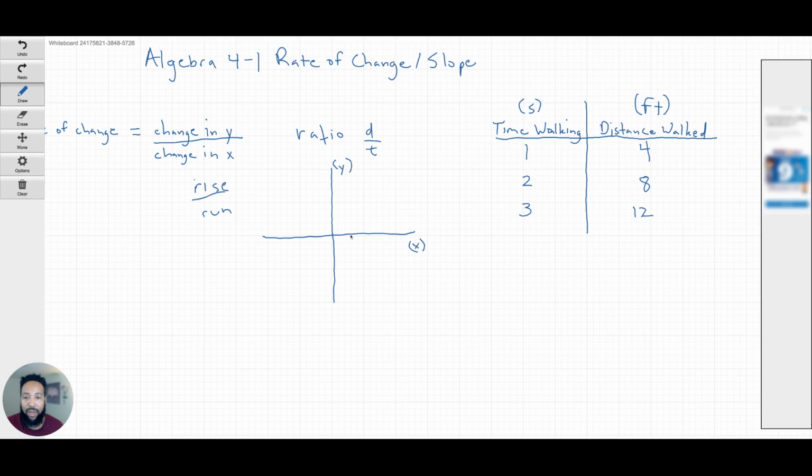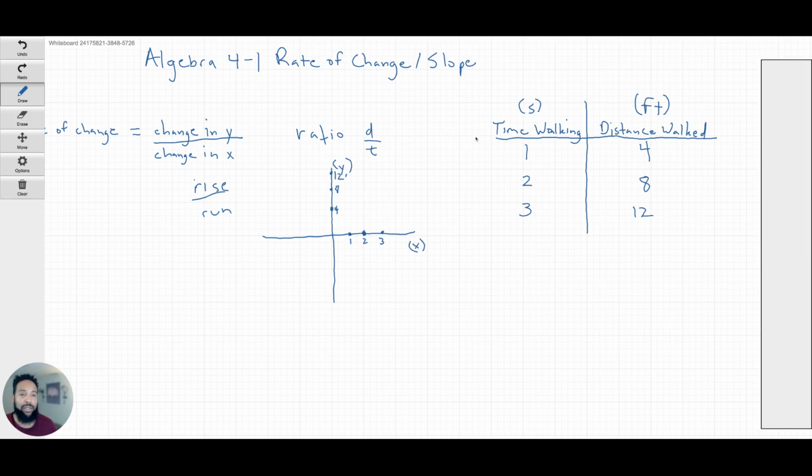So I will say this is 1, 2, and we'll say this is 3. And then we will say 4, 8, say 12 in feet.